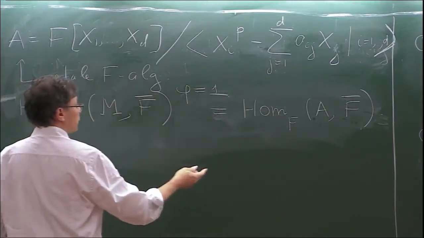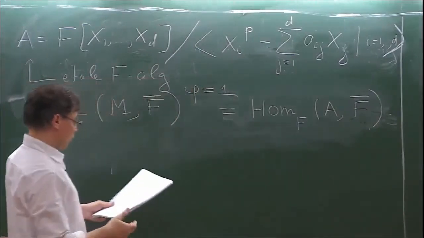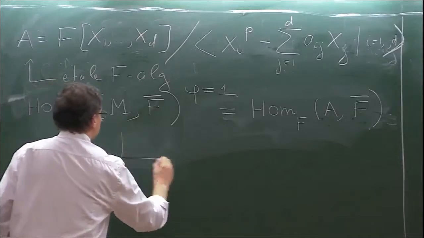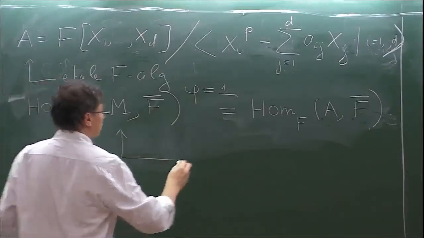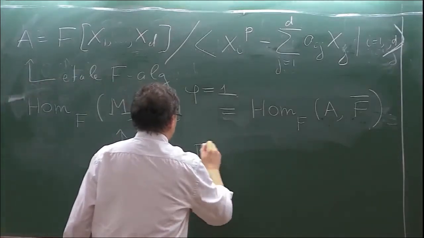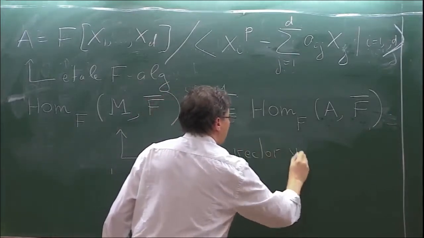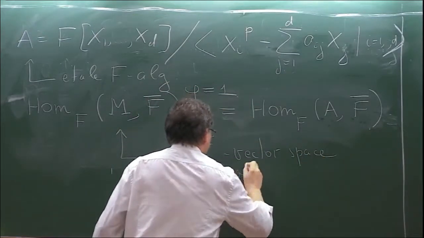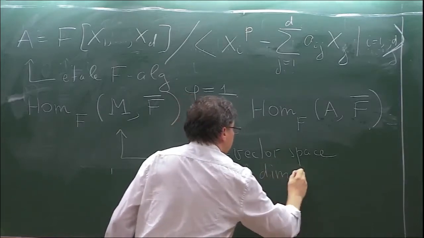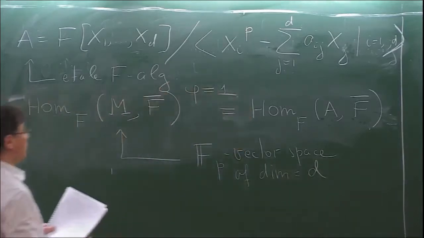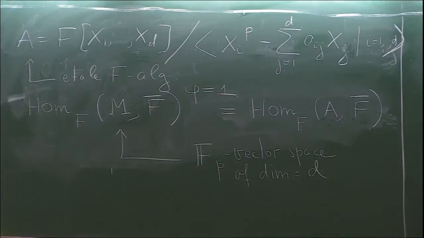In particular, because A is étale, this object is an F_p vector space of dimension d equal to the rank of the phi module.